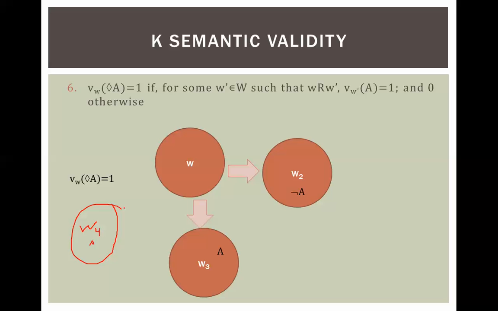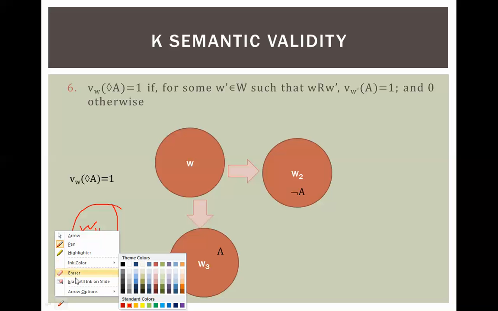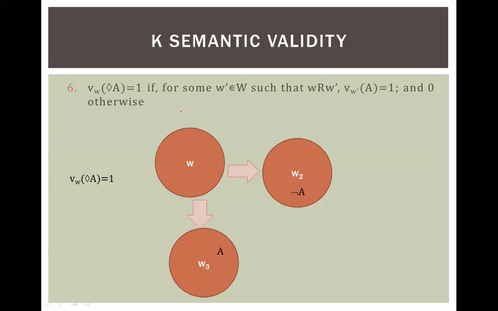Okay, so forgetting that, this truth statement, what does it mean? What is this truth condition? Well, possibly A is true if there's some world that W is related to, so this is W, there's some world that W is related to in which A is true.